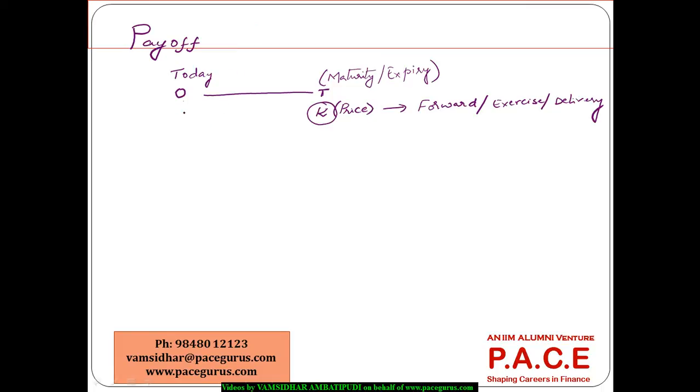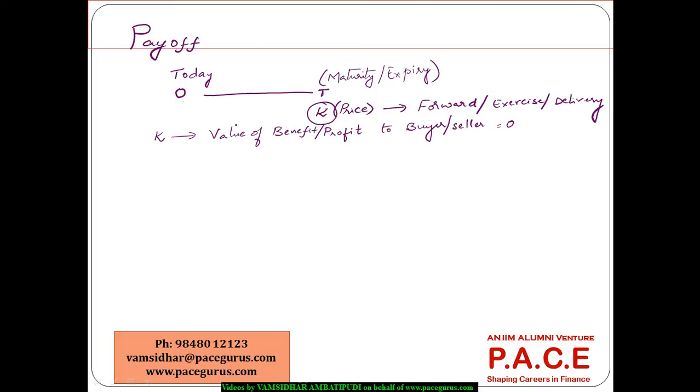And generally between the buyer and the seller, the forward price K is set in such a way that the present value of the profit both to buyer and seller is 0.